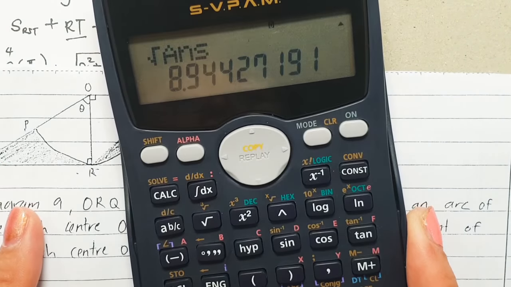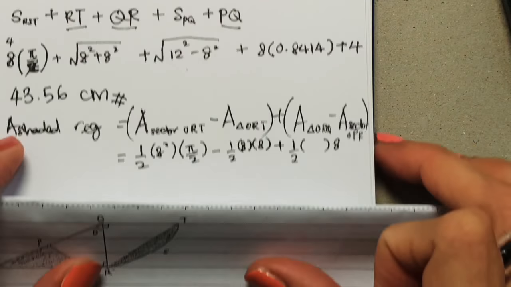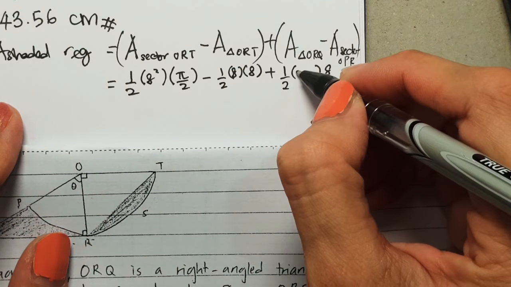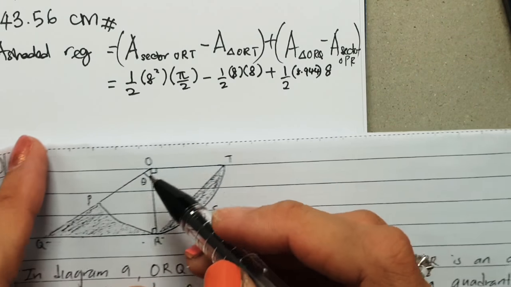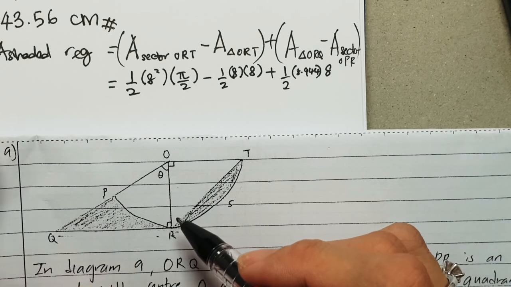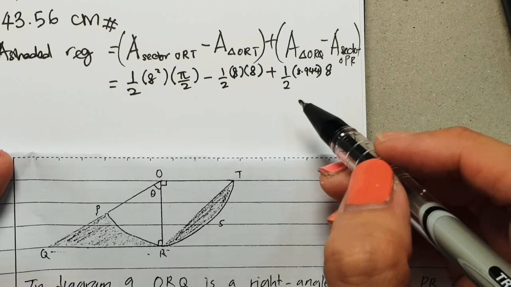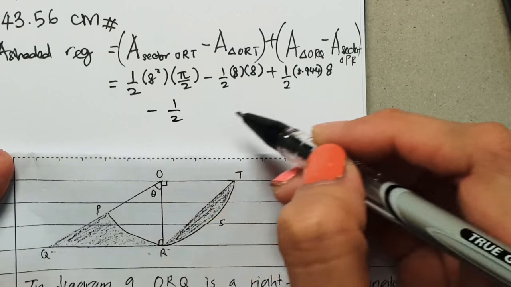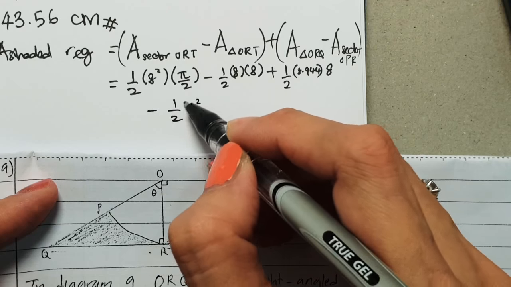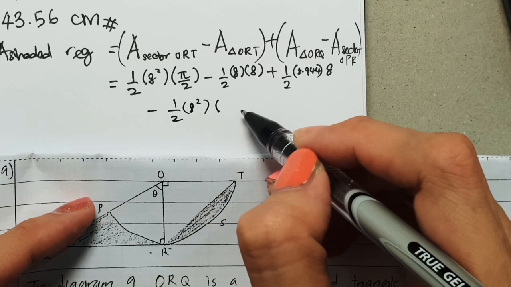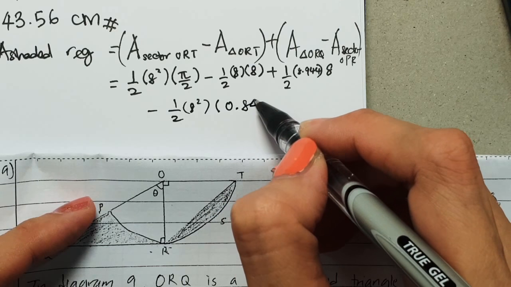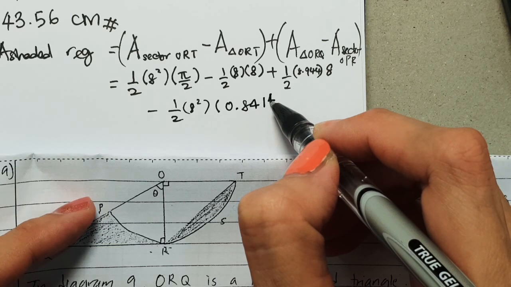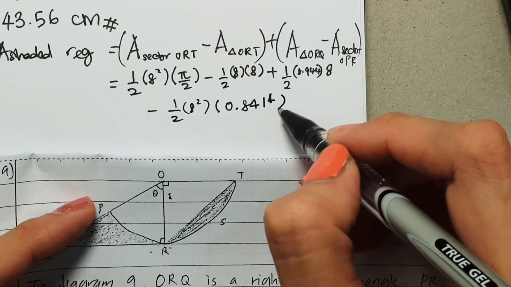We have 8.944. So just put it in here, 8.944. And then minus the sector OPR. So we will just take minus half r squared theta. The theta is, again, 0.8414.